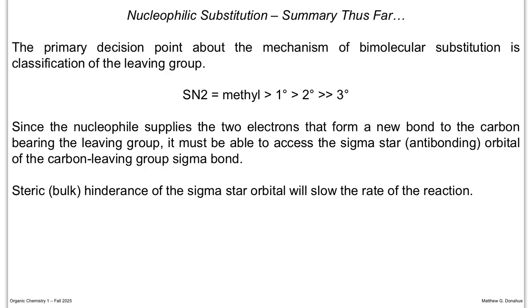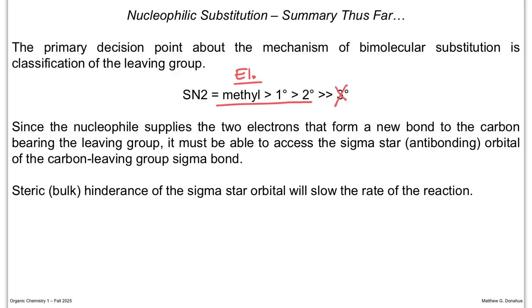So we'll end today on this slide where really what we've focused on is the electrophile. So you want to classify the carbon bearing the leaving group. Is it methyl, primary, or secondary? That will tell you, okay, this can happen. If it's tertiary, it won't.